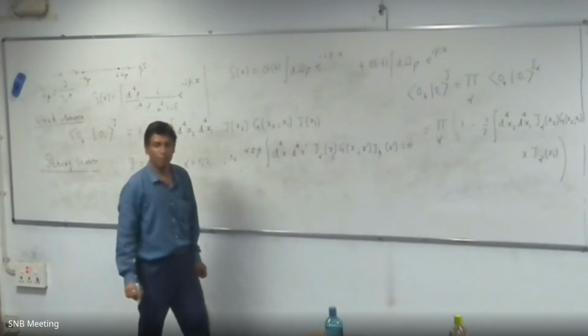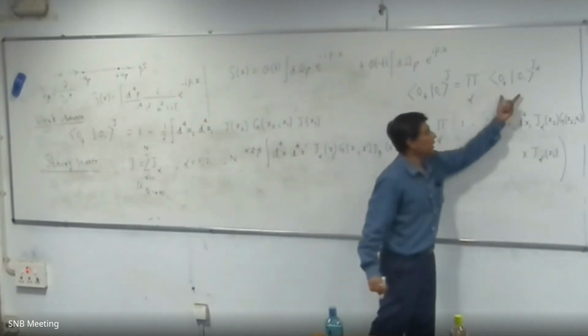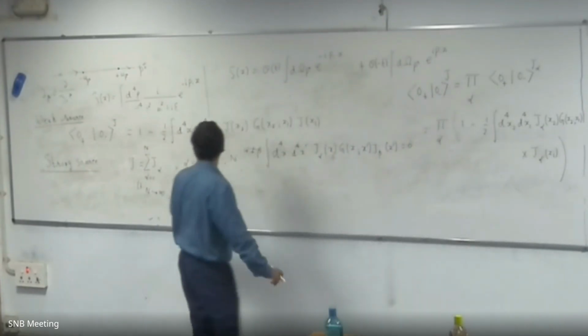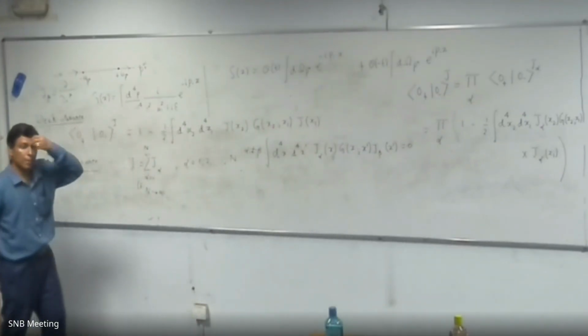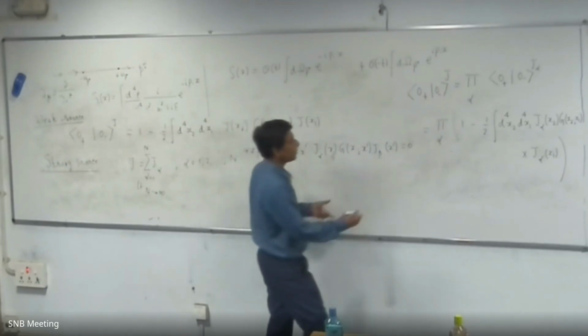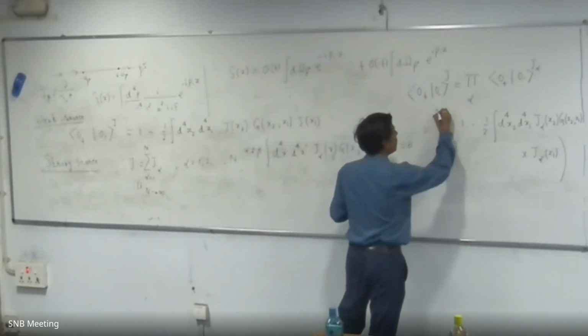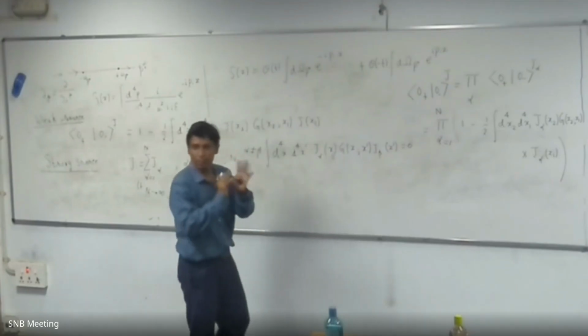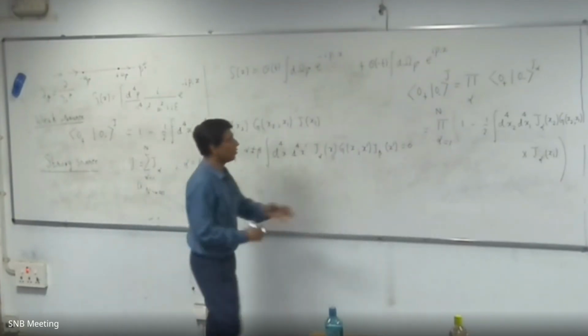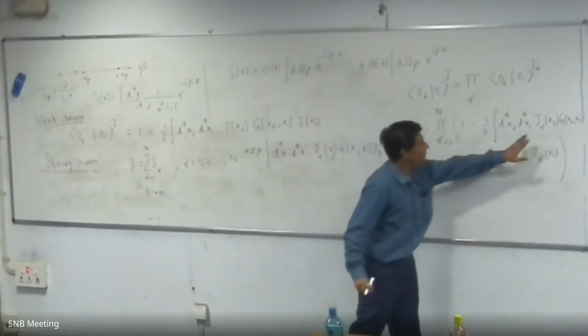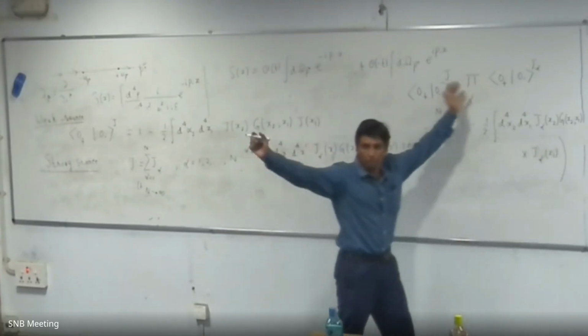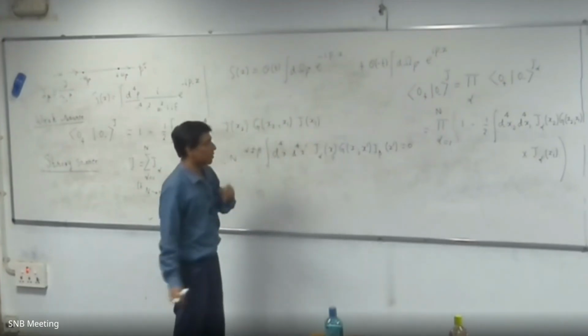Clear? I've just substituted the expression that I derived for a weak source. All of you are familiar with this product symbol, right? Product alpha equal to 1 to N means the term for 1 times the term for 2, and so on. So this is the famous Euler product symbol.